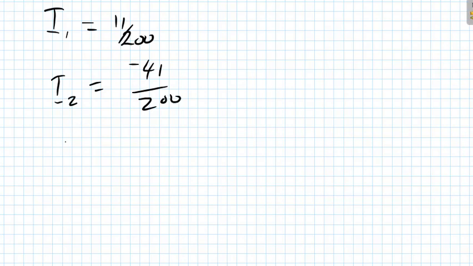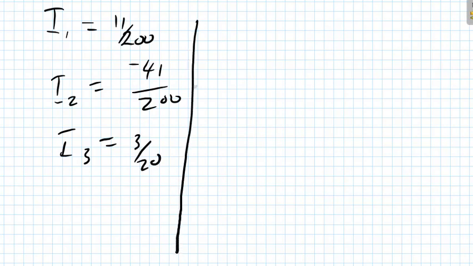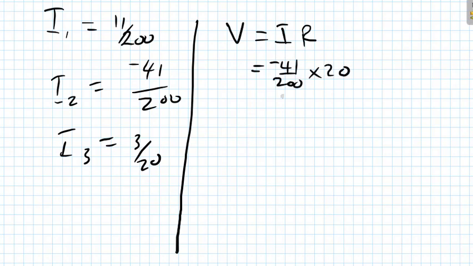So if we have our I1 equal to 11 over 200, our I2 equal to minus 41 over 200, and our I3 equal to 3 over 20, to find the voltage drops, we know that V is equal to IR. So this one will be minus 41 over 200 times 20. This is the current passing through the 20 ohm resistor, and this one will be minus 8.2 volts.